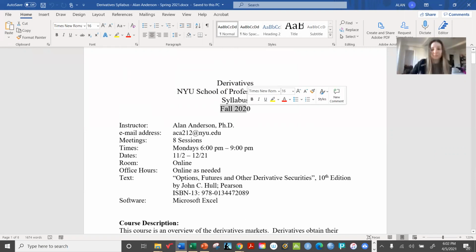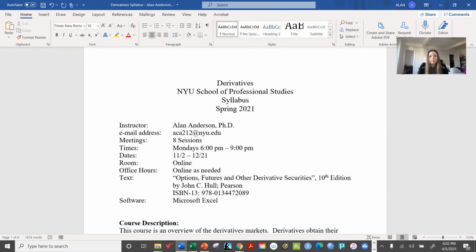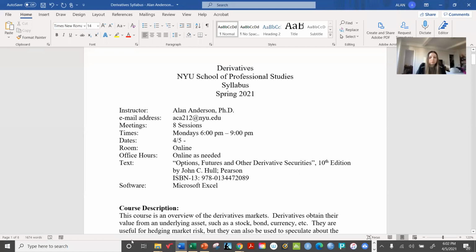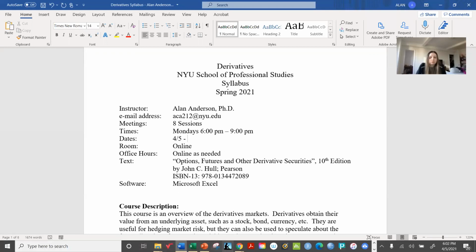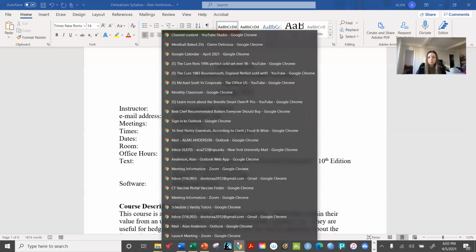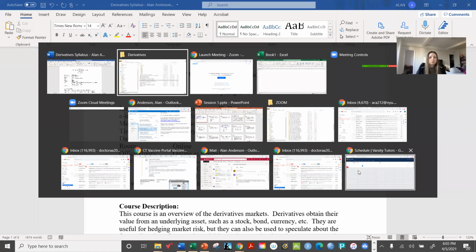This is spring of 21. And the dates are from tonight, which is the 5th of April. And the last night that we'll be meeting is, let me check. I've got it on my calendar somewhere. 8 weeks from now, whatever that is, that's when we're going to have our last session.